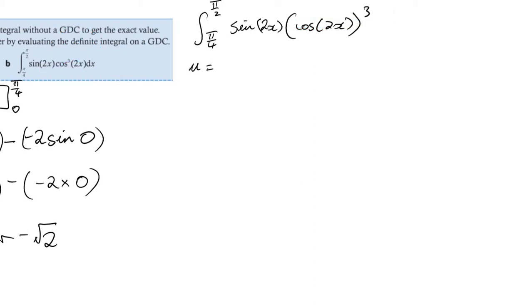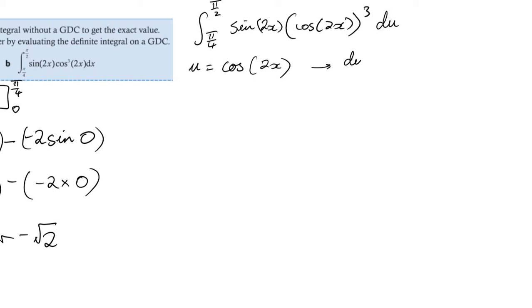So, looking at that, you should be able to see that we have an inner function and an outer function cubed. So we're going to define u as cos of 2x.